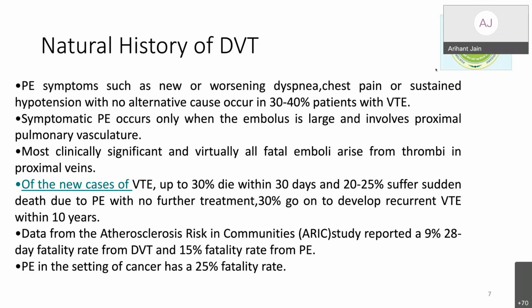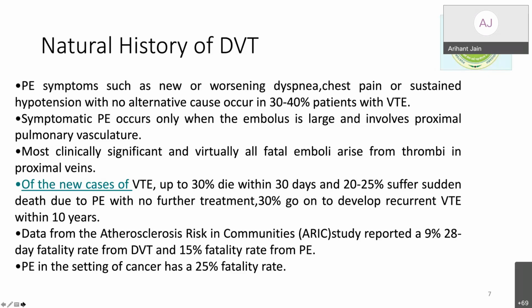There is a big study called the ERIC study, which reported a 10% 28-day fatality from DVT and a 15% fatality rate from pulmonary embolism. And if you have cancer and pulmonary embolism, then within 1 month, around 25% of them will die. So this is why it is important to timely diagnose and pick up DVT as well as pulmonary embolism.